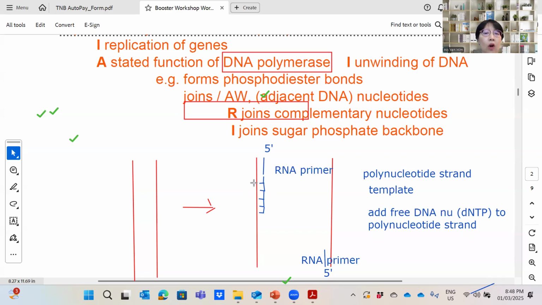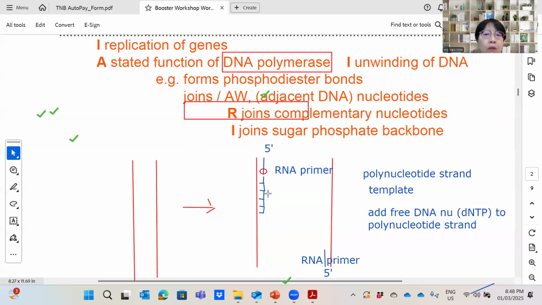So how does it add? By complementary base pairing. And after that, it will cause the free DNA nucleotide to bond with the terminal DNA nucleotide here. So this is the last nucleotide here, the terminal DNA nucleotide residue.